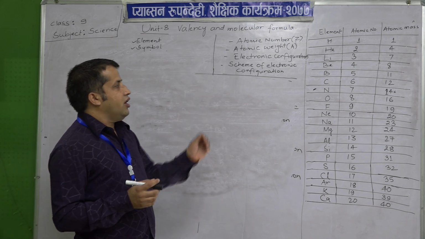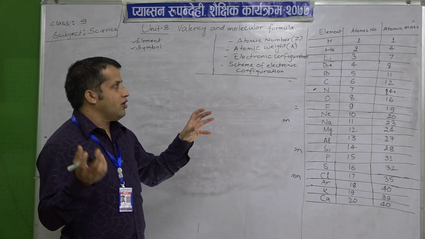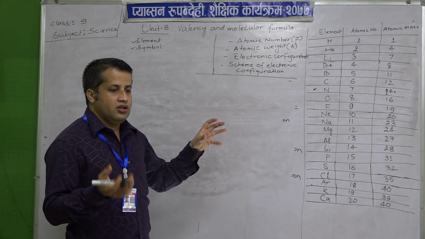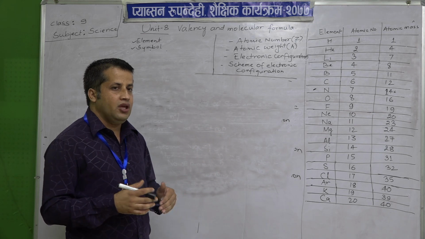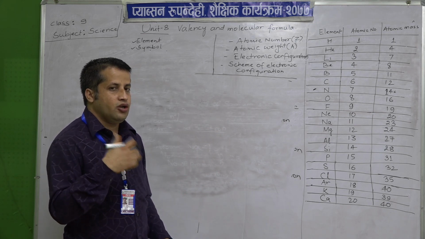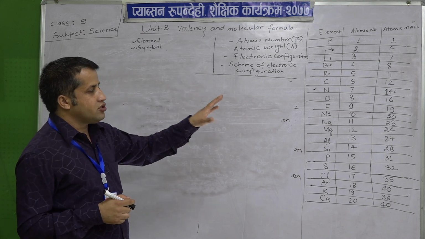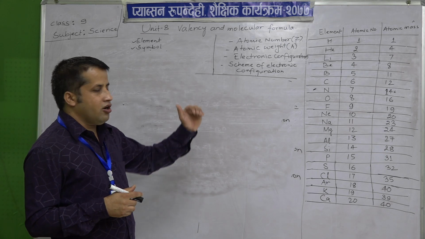For instance, except hydrogen, for all the elements whose atomic number is odd, their atomic mass will be double the atomic number plus 1. Except some elements, they will not follow this.